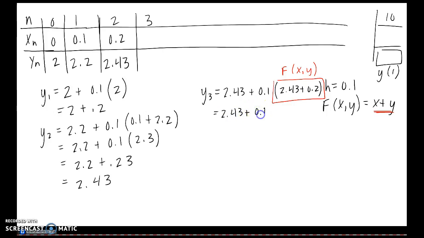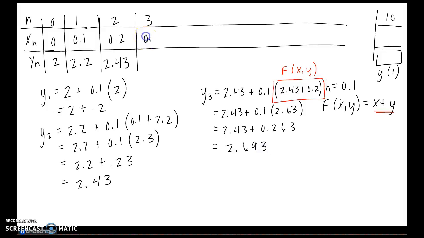2.43 plus 0.1, and I have 2.63. 2.43, move the decimal to the left one place. Adding those together, I get a y coordinate of 2.693.